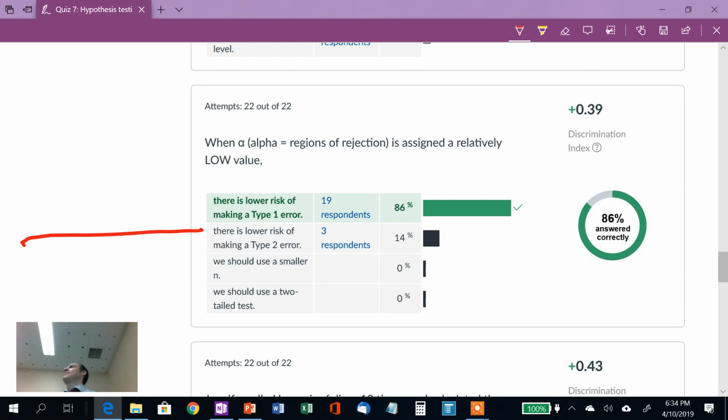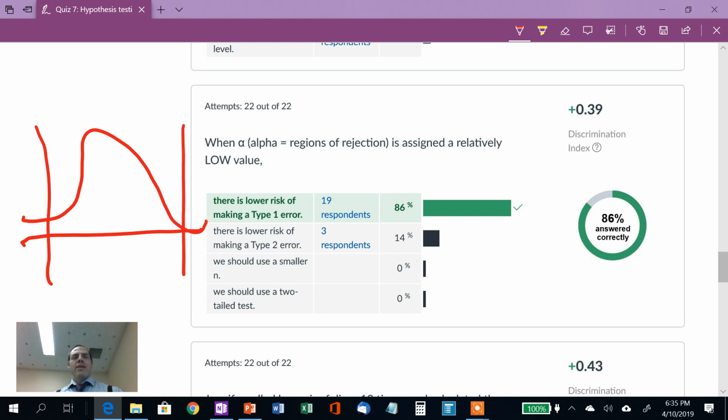If you were to accuse somebody of having magical dices, but they really don't have magical dices, that's making a type 1 error. The further away your critical values, the lower the risk of making a type 1 error.